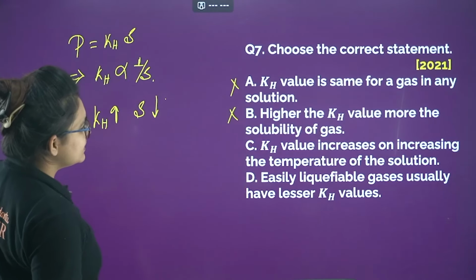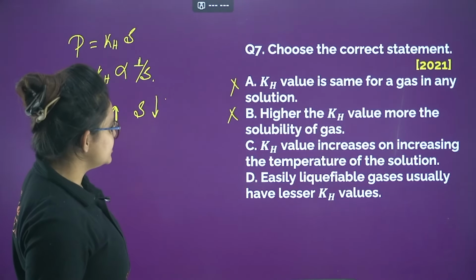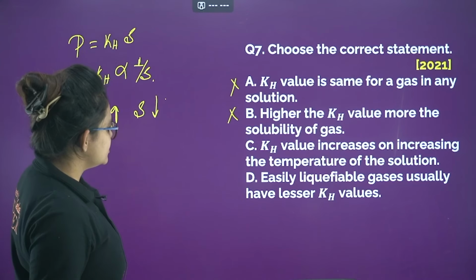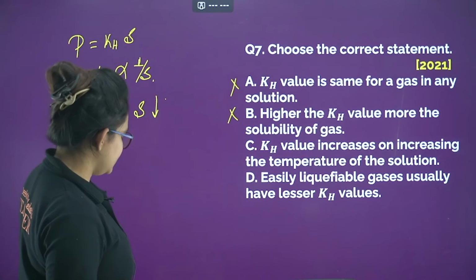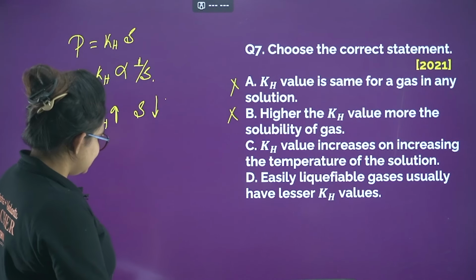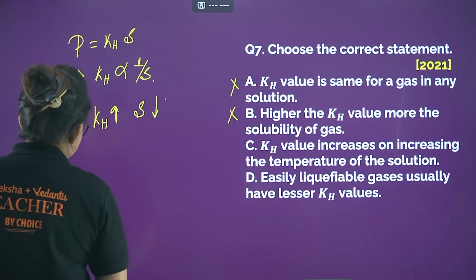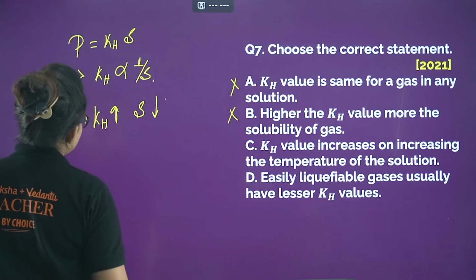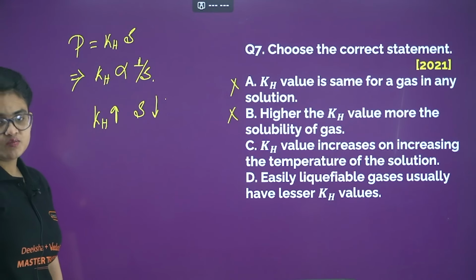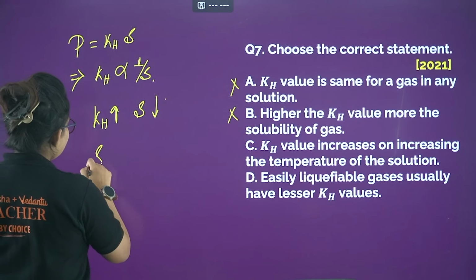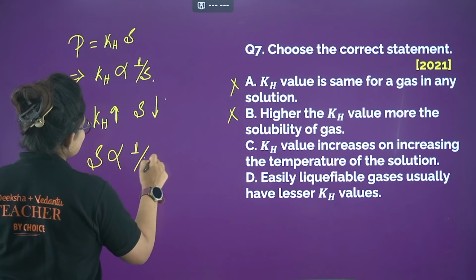The KH value increases on increasing the temperature of the solution. Yes, that's the correct one. Why? Because KH is inversely proportional to solubility, and solubility is inversely proportional to temperature.